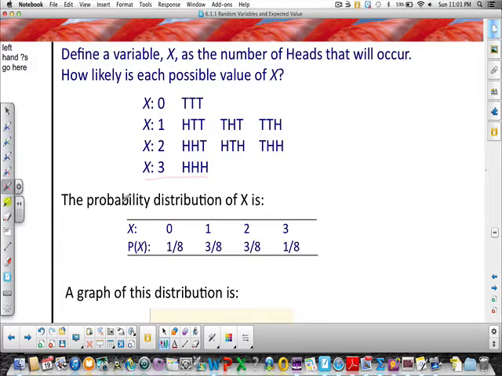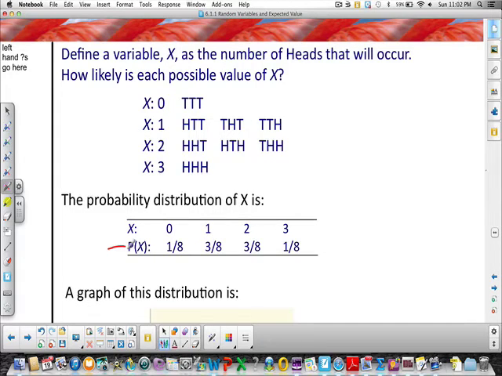So now what we're going to do is look at the probability distribution. This is like the probability model of that random variable which we're defining as x. It's random because we don't know what value it is going to take on in the short term, but we can predict what values it takes on in the long term. So here in the top row, we're looking at what values x can take on: 0, 1, 2, or 3.